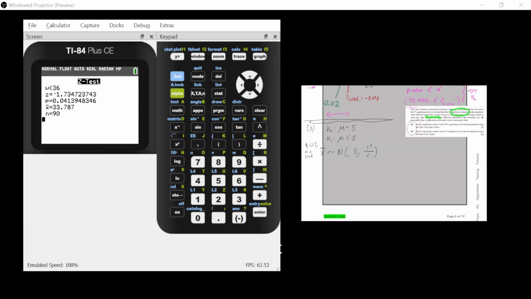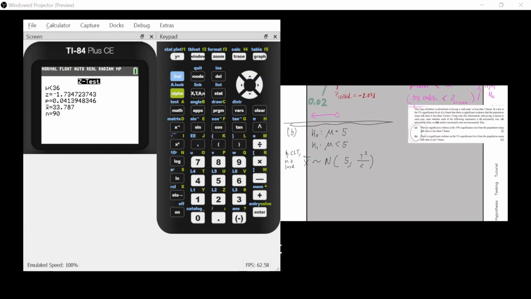Do we reject H0 or do we not reject H0? Read just this sentence from the question: there is significant evidence that the population mean talk time is less than 5 hours, where mu represents the mean talk time in hours.